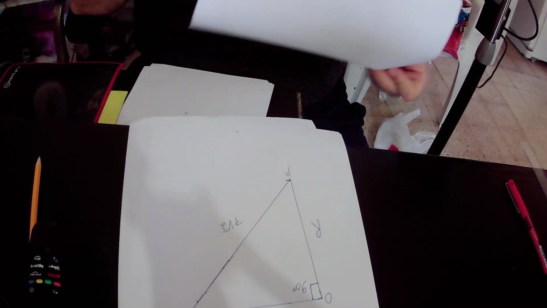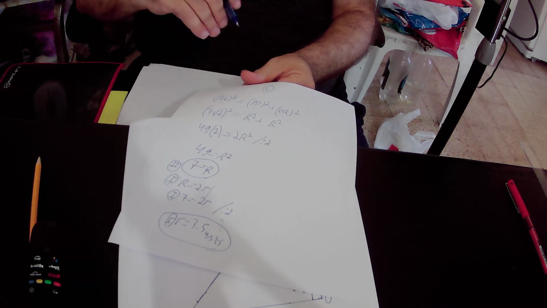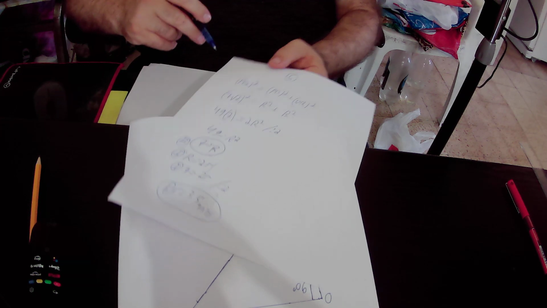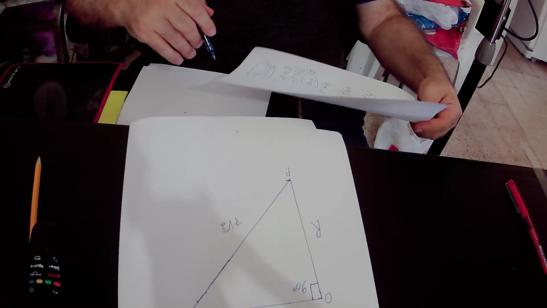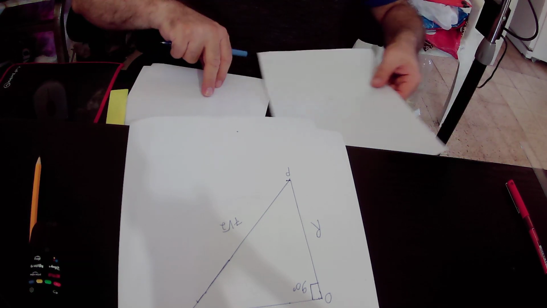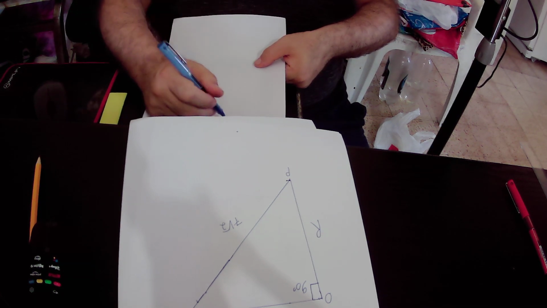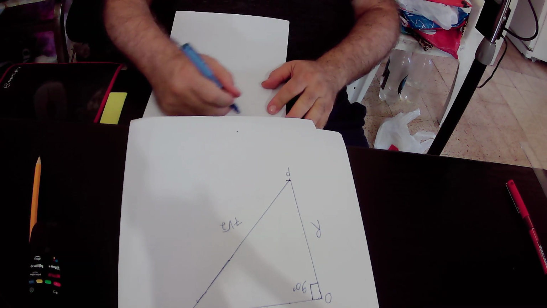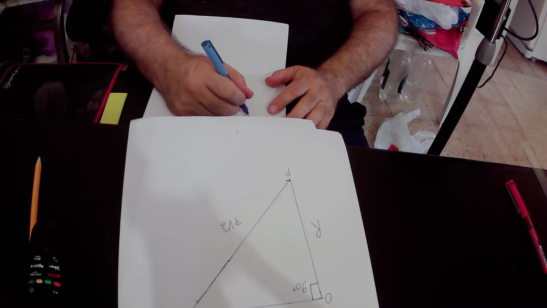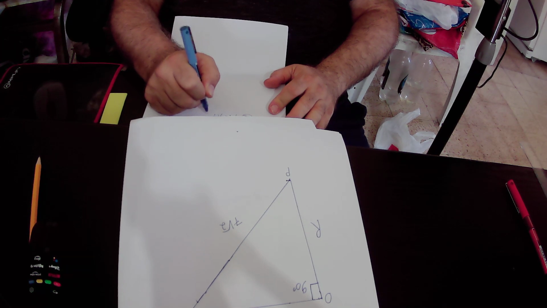Okay, we got that small r equals 3.5 units. Now we actually know that the area of a circle is A equals pi times r squared.